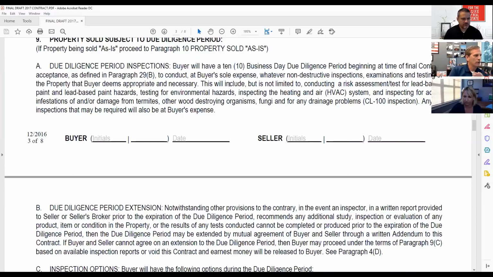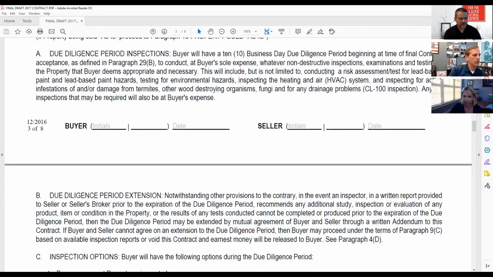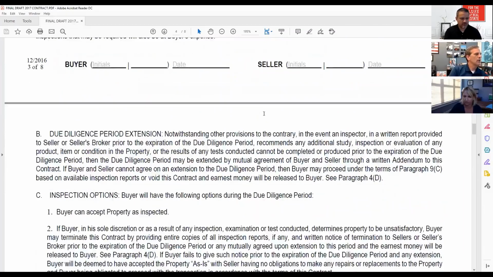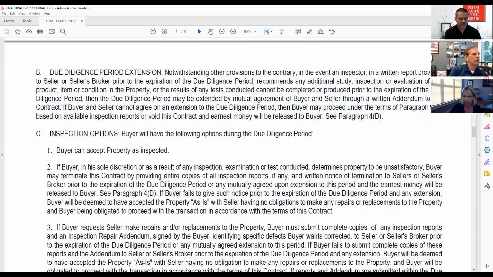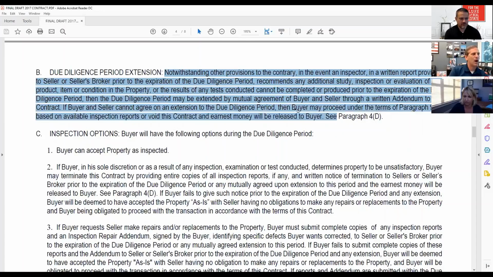The buyer can do any inspection they want whatsoever, including HVAC, and it gives you a list, termites, and things of that nature. If there's a certain section or item they cannot inspect because inspectors aren't available, or it's a very specific type of matter, then the parties can agree that the due diligence period will end for everything else, but will be extended for that particular item.